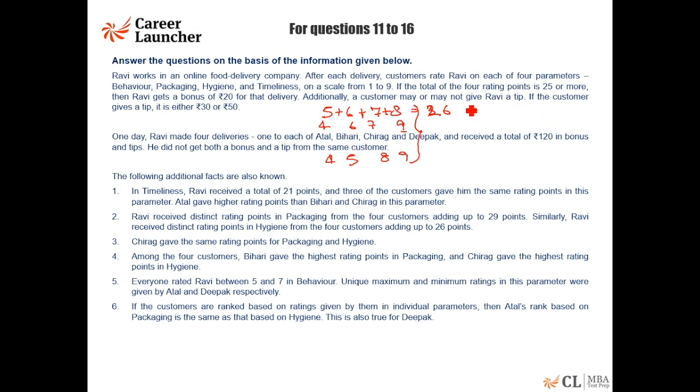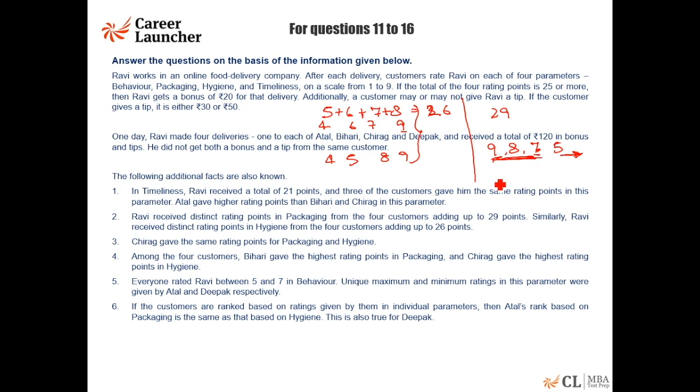What about 29? Let's check out 29. If I take one of them to be 9, 8, 7 and 9, 8, 7 makes it 24 plus 5, 29. Can I reduce this 5 further? No, I can't. Because if I reduce 5 further, these will have to go up, but these have to be distinct. So 7, 8 and 9 is the highest. So the only possibility here will be 9, 8, 7, 5.